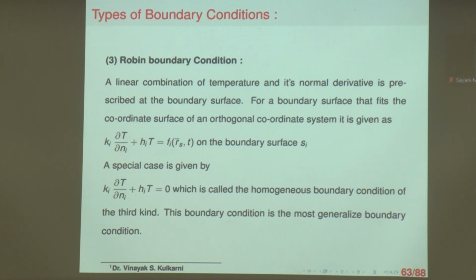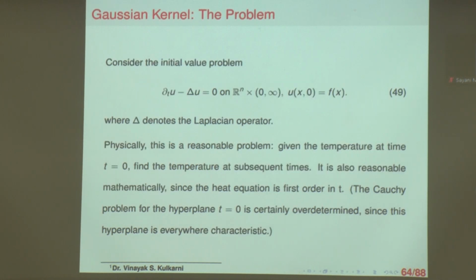The surrounding temperature I can represent by Fi, the temperature prescribed over here is T, and the rate of change of temperature can be written in terms of the difference between Fi and T. So this will give you the rate of convection at that particular boundary surface. So these are basically the three types of boundary condition used in the boundary value problem of heat conduction.